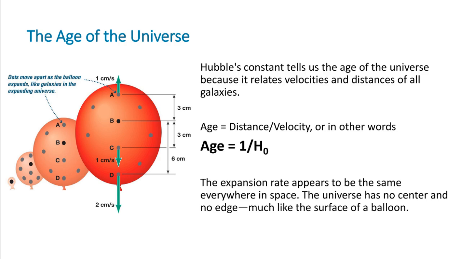It's just that the balloon is expanding, and so the space between the points is increasing, and that makes it look like those points or those galaxies are moving farther away from you. So this is why everything is moving away from everything else. It's not that the Earth is at the center of the universe and everything is expanding outwards. You can think about everything being on the surface of a balloon and everything is moving away from you as the space between is expanding.